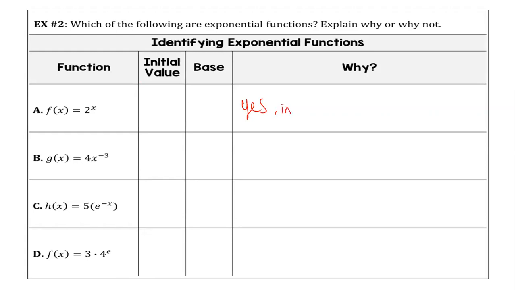Because it's in the correct form, the form of y equals a times b to the x. Okay, when we're asking what is its initial value, we're asking when x equals 0, what do we get? So when x equals 0, what do we get? 1. And what is the base of my exponential? b. And what is that here? 2. Yes.